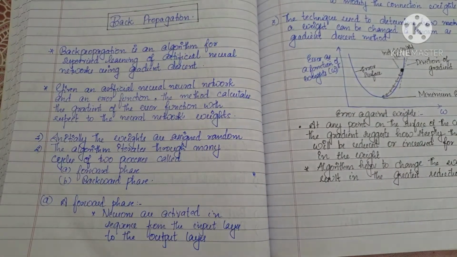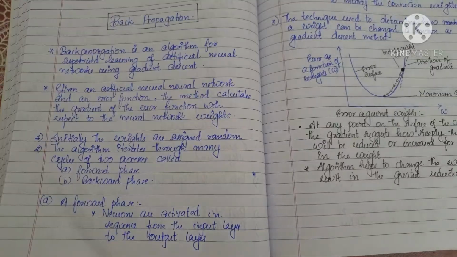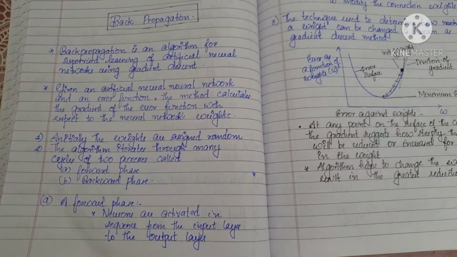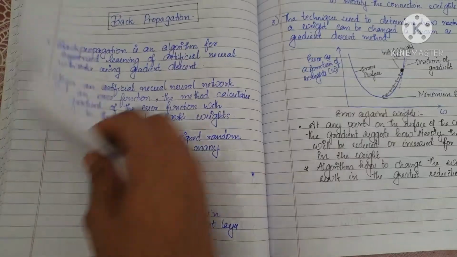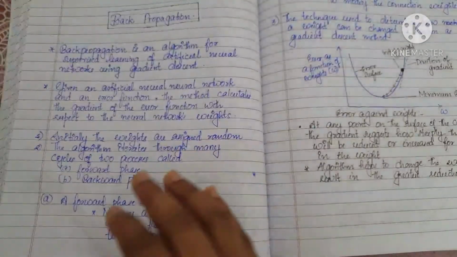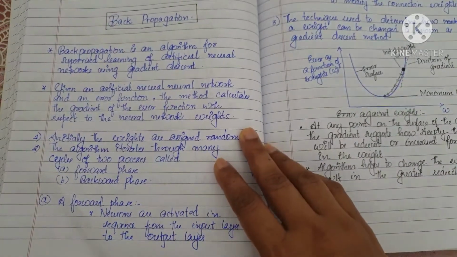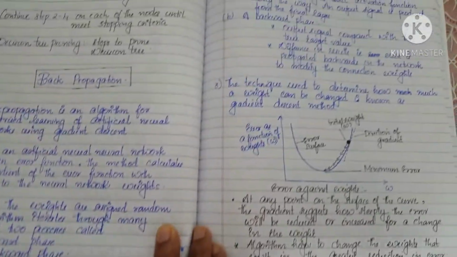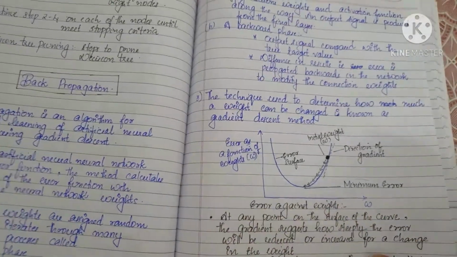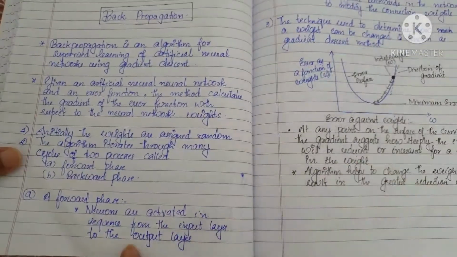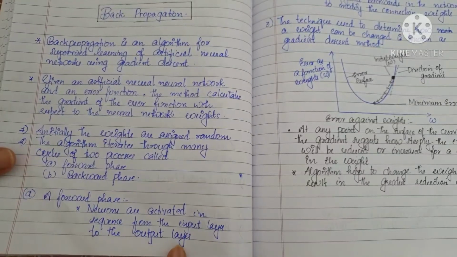In the forward phase, neurons are getting activated from one layer to another until we reach the last output layer. In a feed forward network, our neurons are getting activated from the input layer till the output layer. That is how the feed forward happens. We also apply the neurons' weights and activations along the path from the input layer to the output layer.